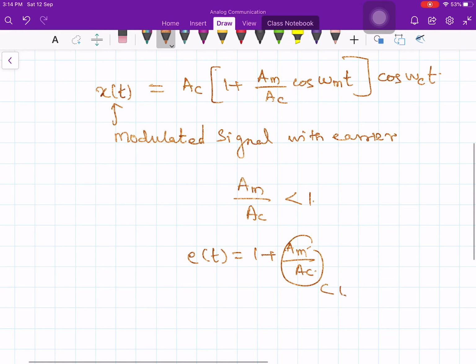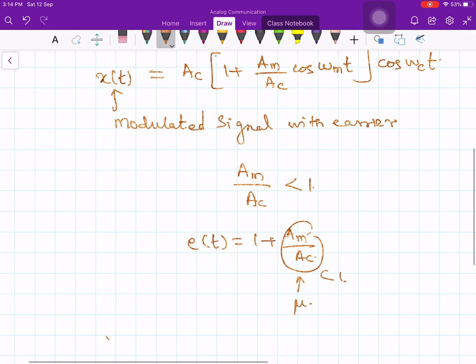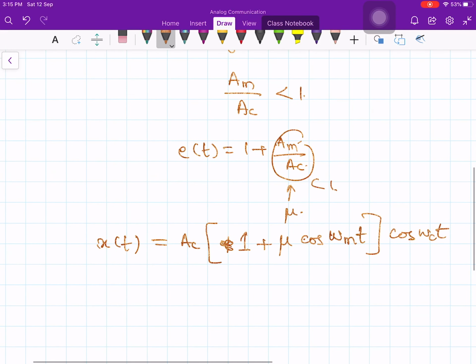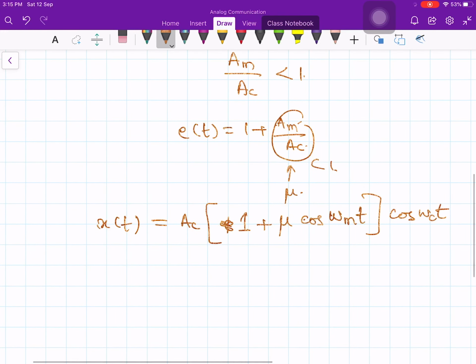Now let us give a new name for this, that is modulation index. Therefore the above expression becomes x of t is equal to A_c times 1 plus mu cosine omega_m t multiplied by cosine omega_c t. What should be the condition on mu?